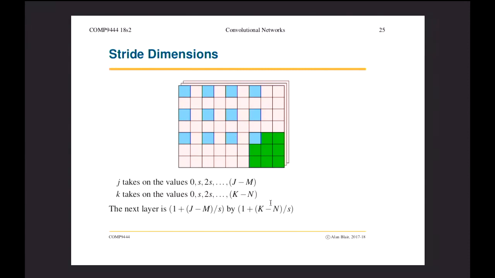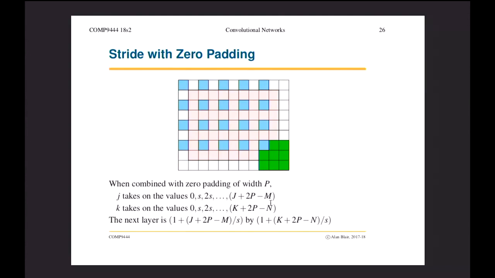And this formula actually is a general formula. And finally, stride can be combined with 0 padding. So this is the full generality. Here we've got a stride of 2 and we've got 0 padding. The formula we get for the size of the next layer is this: we have to add twice the padding.